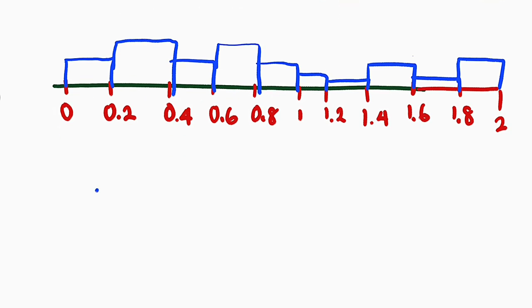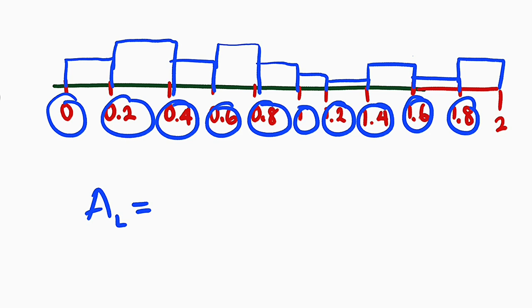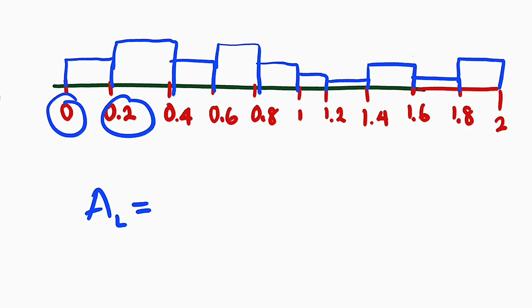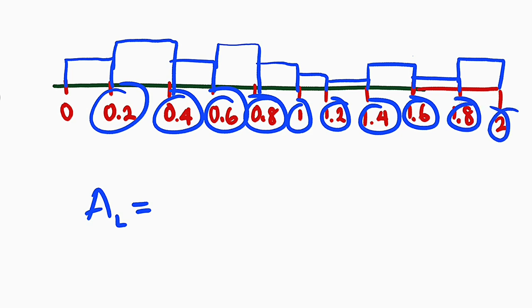So let me start with the area, that is the left Riemann sum. For the left Riemann, we have to consider these left endpoints: 1, 2, 3, 4, 5, 6, 7, 8, 9, 10. We stop. For the right Riemann, we have to begin with 0.2 and stop at 2. That is 1, 2, 3, 4, 5, 6, 7, 8, 9, 10.